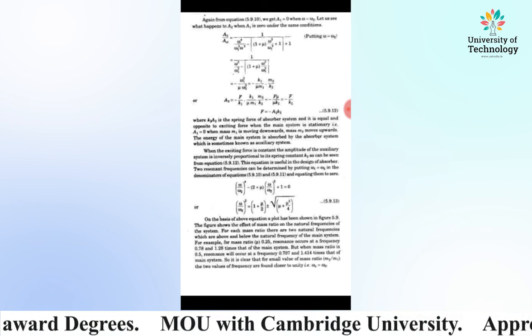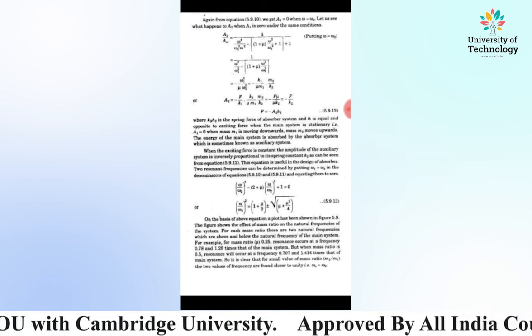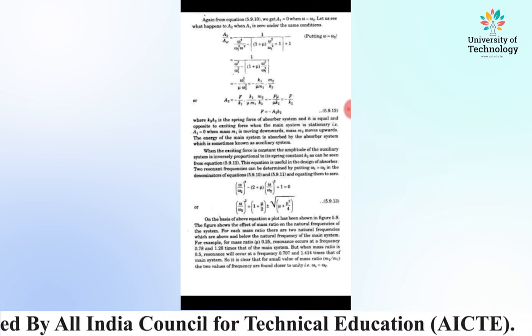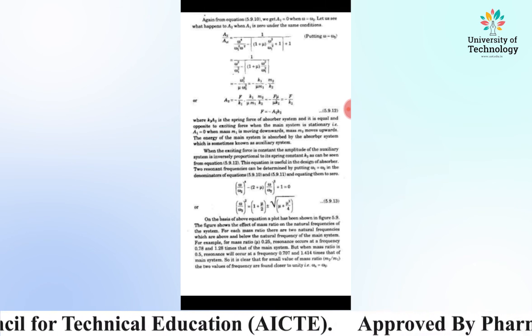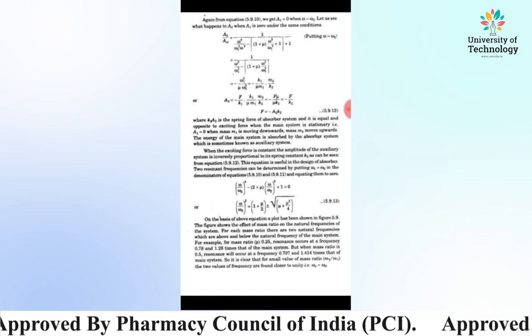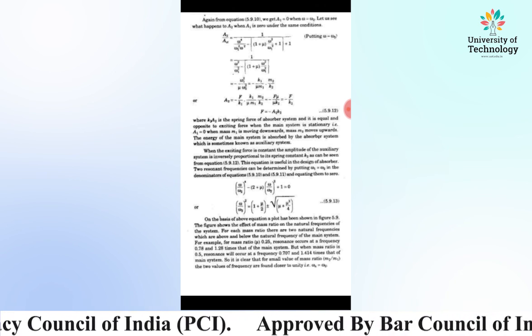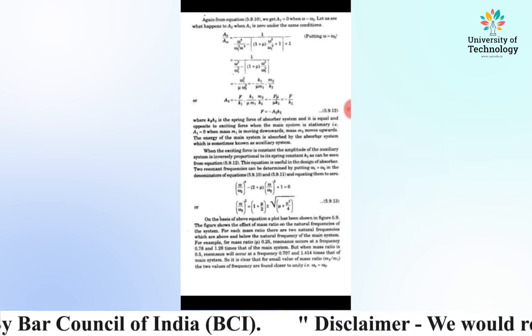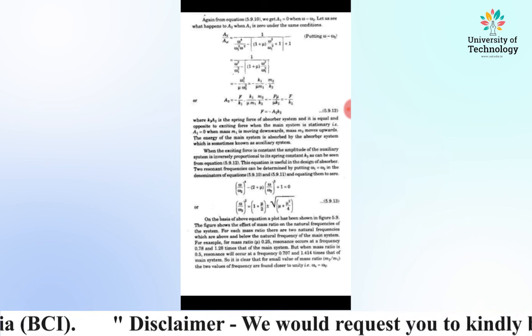For example, when mu is 0.25, responses occur at frequencies 0.78 and 1.28 times that of the main system, but when the mass ratio is 0.5, the response at the resonating condition will occur at frequencies 0.707 and 1.414 times that of the main system.